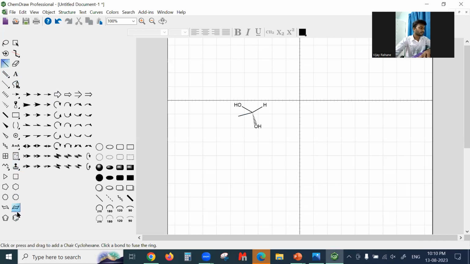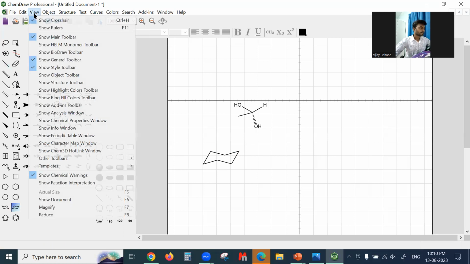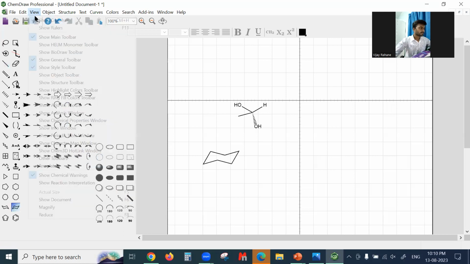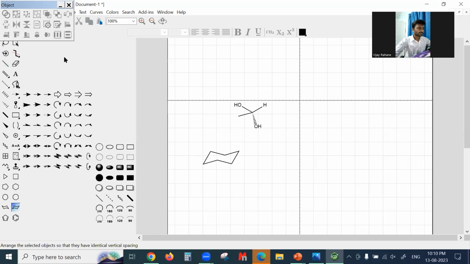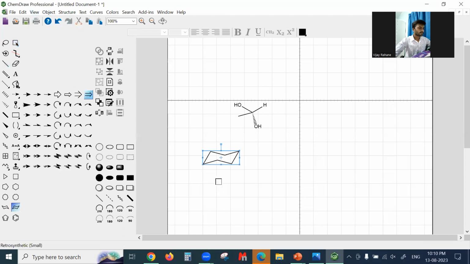If I just give the numbering, let's say, see, this is the structure, and if I show you the correct option, this will definitely be the structure.